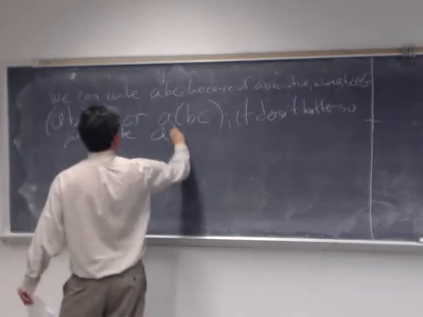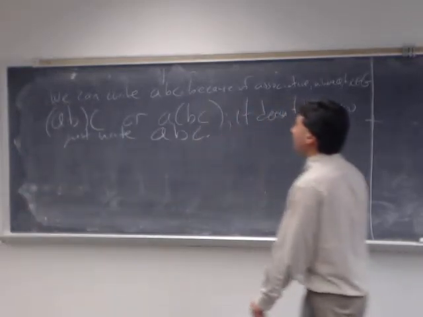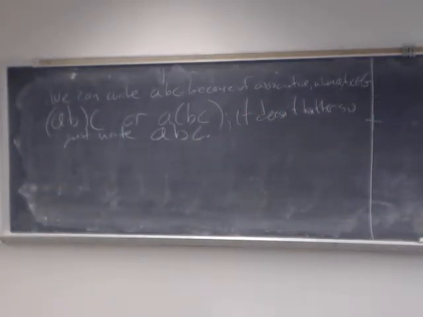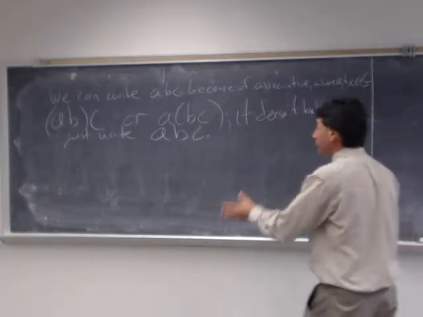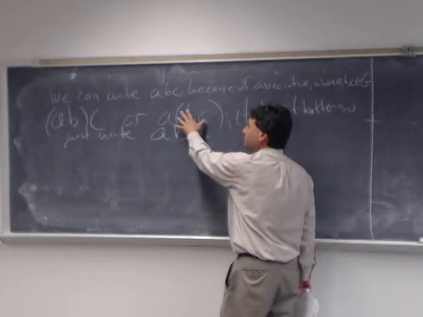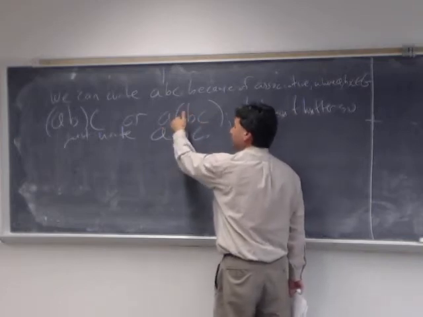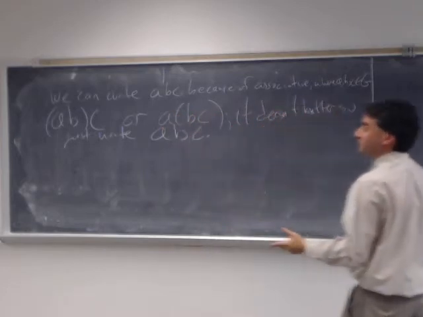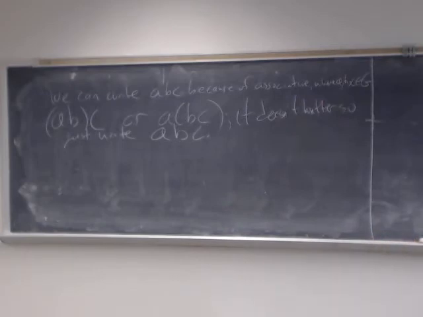So we just write ABC. Anyway, this is more sort of DVD extras, as I like to call them. I don't think I mentioned this in the notes. It's one of the basic facts of associativity that allows you to get away with not having to put parentheses. Certainly this is true in real numbers. You can only multiply two numbers, but you don't use parentheses that often. 5 times 3 times 8, you wouldn't write it with parentheses because associativity says it doesn't matter which way you perform the multiplication.